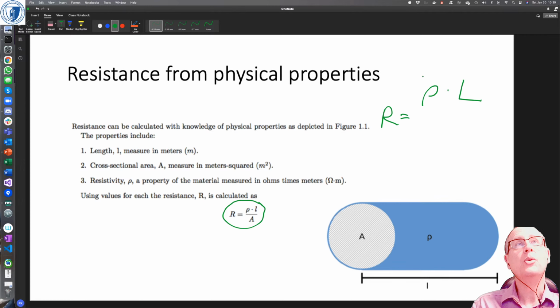This symbol here is the Greek letter rho.